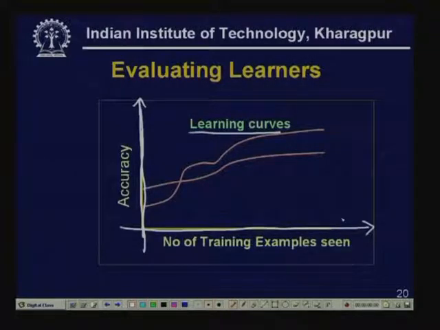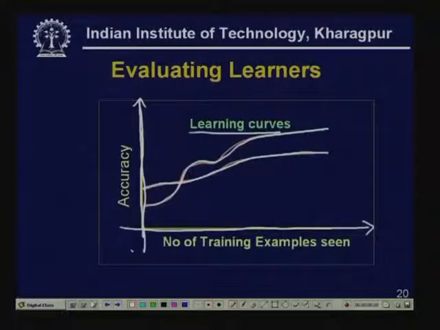So, what we typically expect is that the accuracy of the learner will increase as the number of training examples increases. So, these are typical learning curves that we might get. These learning curves plot the accuracy or precision in terms of the number of training examples seen.